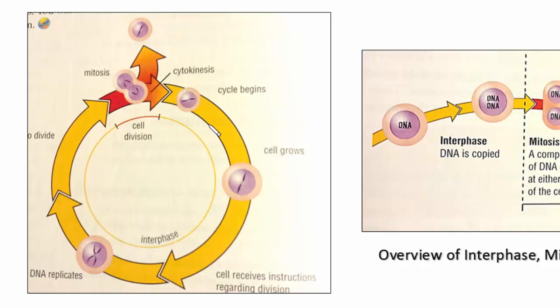All right, so we have to choose a place to begin. Let's begin right here where it says the cycle begins. What they draw here is a cell, and this purple area sort of represents the nucleus. Inside here, you've got one chromosome. They don't make a distinction here about chromatin or chromatid or anything like that.